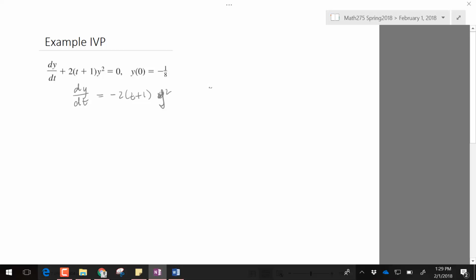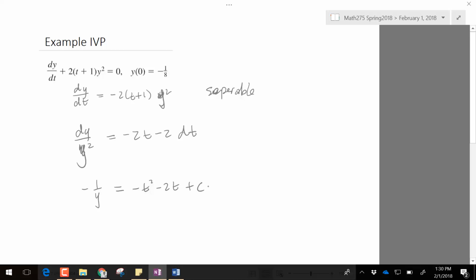So separable. And then we'll solve for this. dy over y squared equals (negative 2t minus 2) dt, just for the sake of integrating. The integral is negative 1 over y, right? Not the ln. And then negative t squared minus 2t plus a constant.